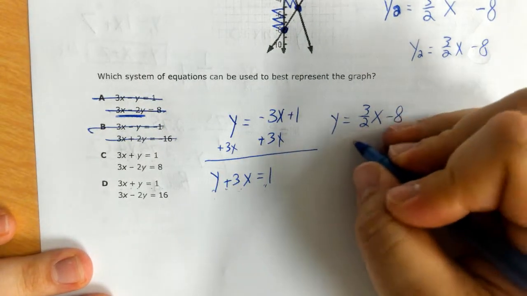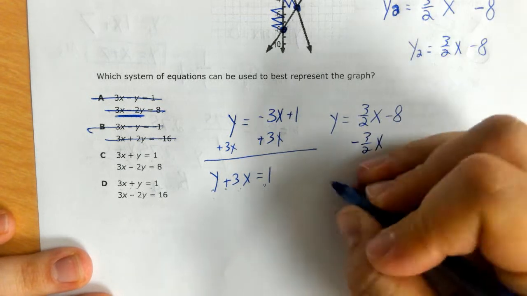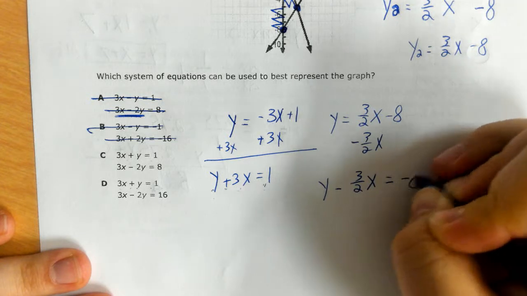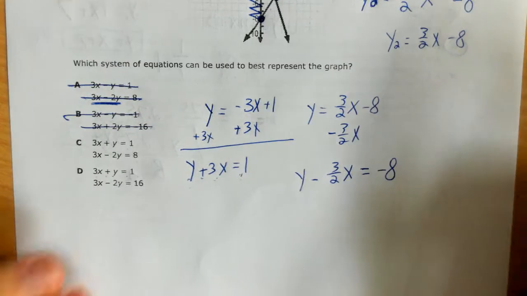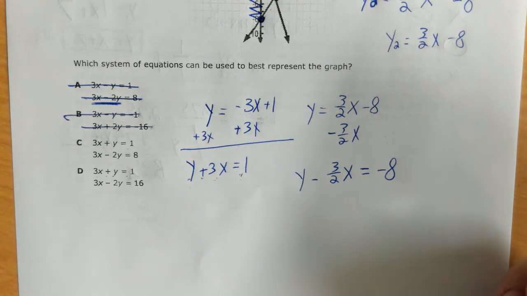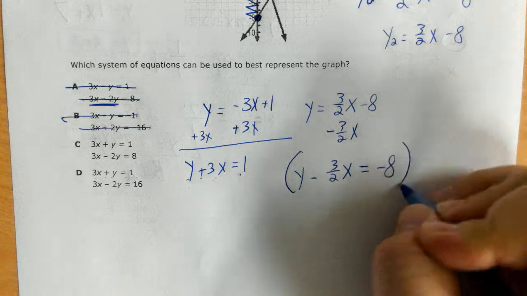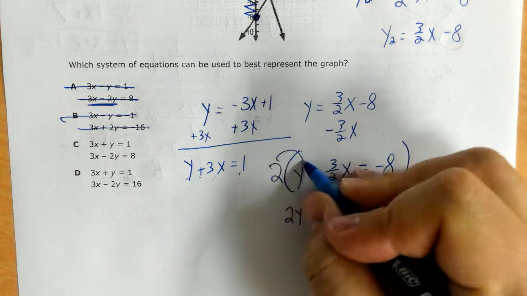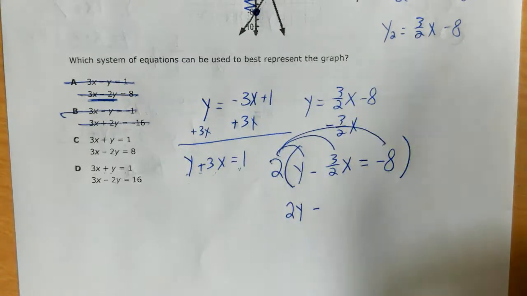So now I move this one over, and I get y minus 3 halves x equals negative 8. I'm going to multiply by 2, distributing the 2. Now, why am I doing this?